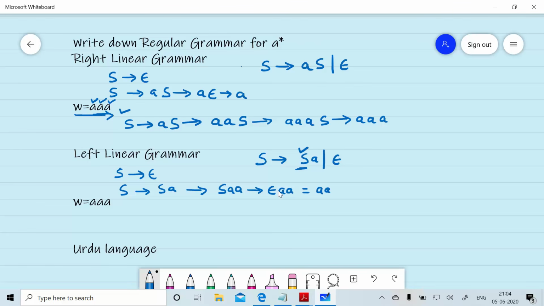Now we will check this string aaa. S gives Sa and this is the rightmost a.